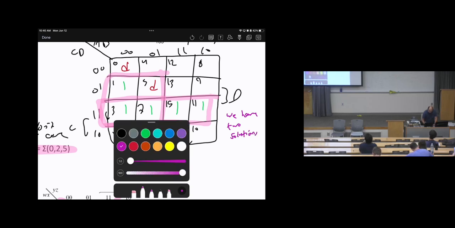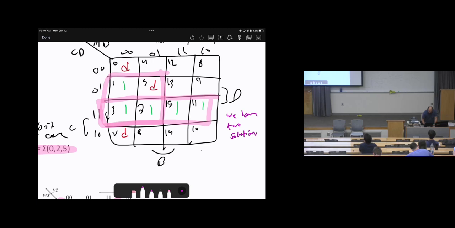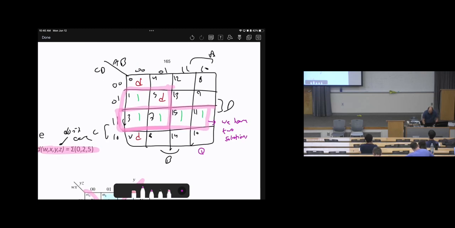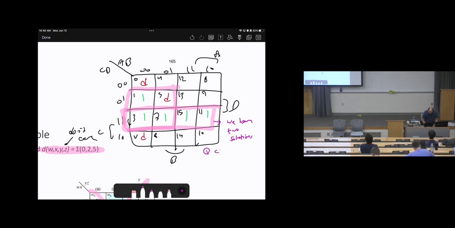So number 1, by looking at this loop, it will be within the area of CD. Let me write it as a function F. F equals CD, and the other area will be A bar B, since it is not within C and not within D. So it will be CD plus A bar B, using solution number 1.